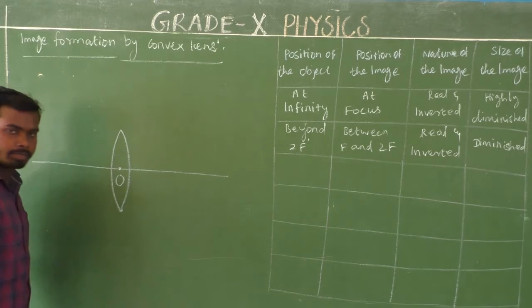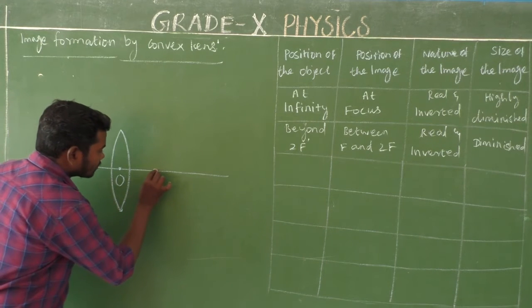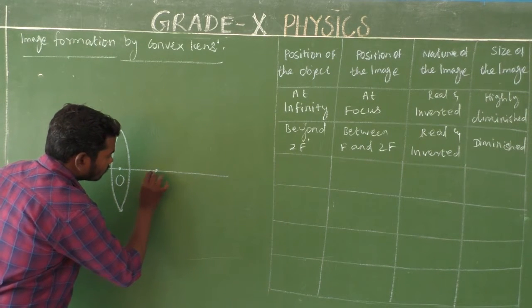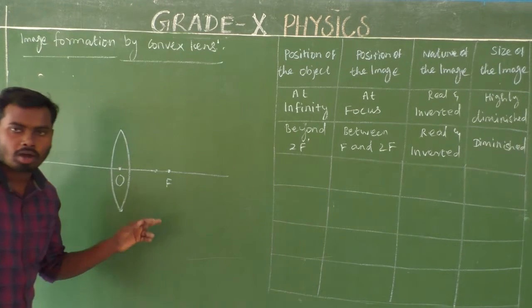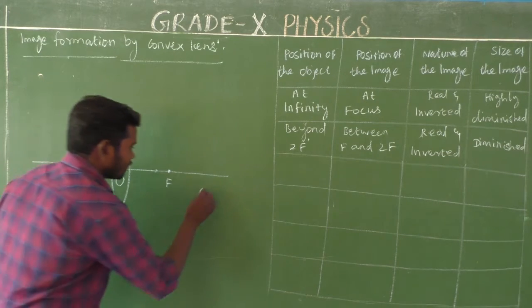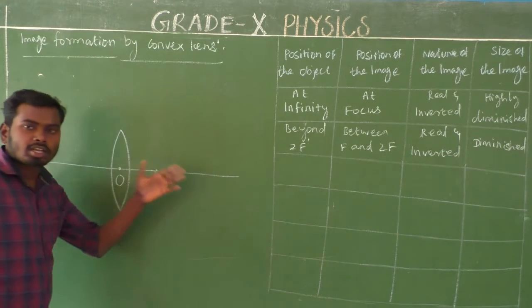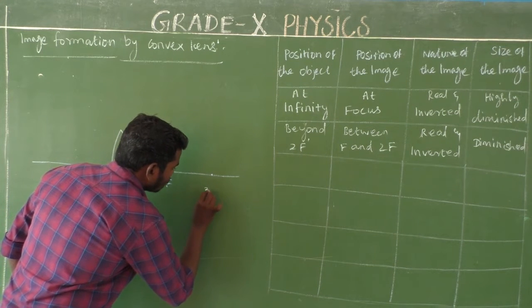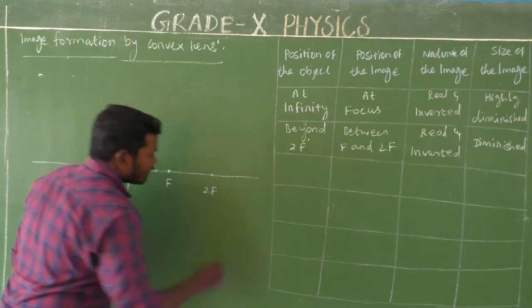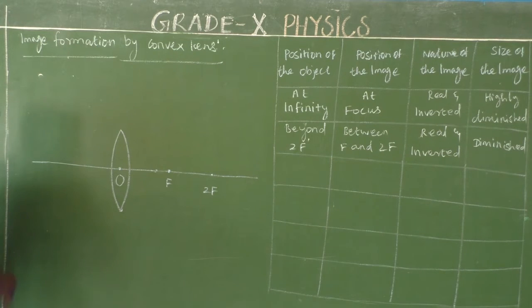Next, the focus. This is the first focus of the convex lens. Next, twice the focal length, which means 2f. This is 2f.